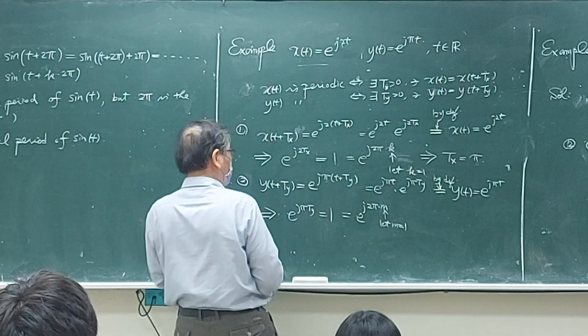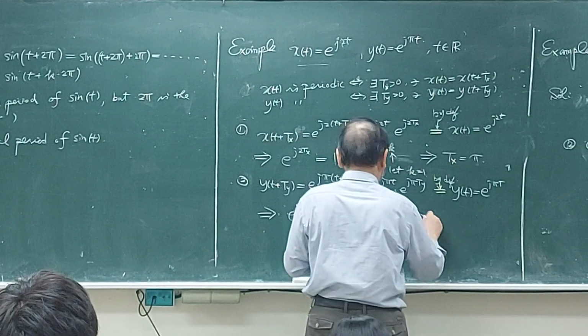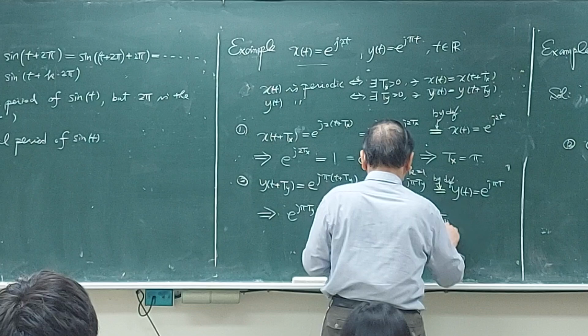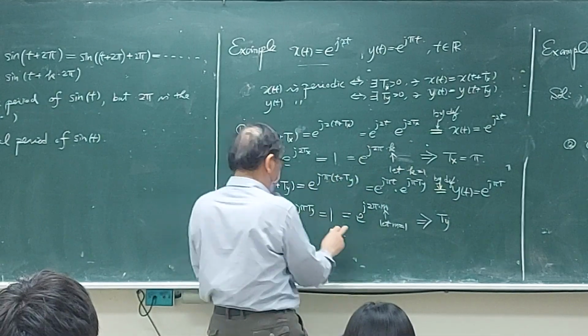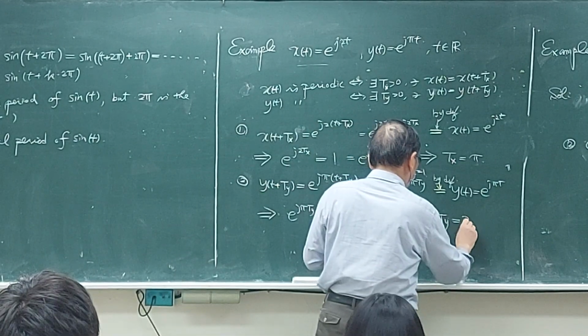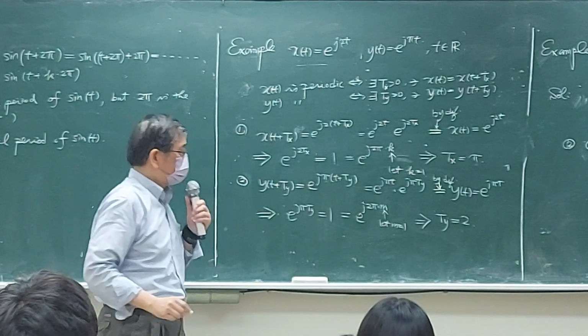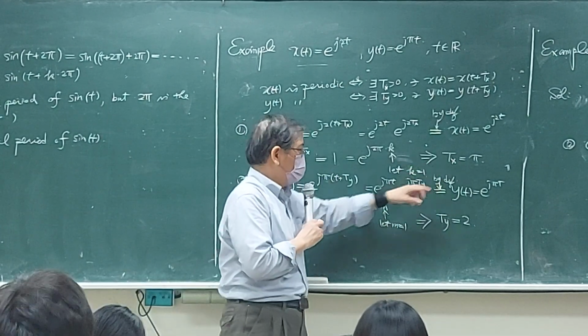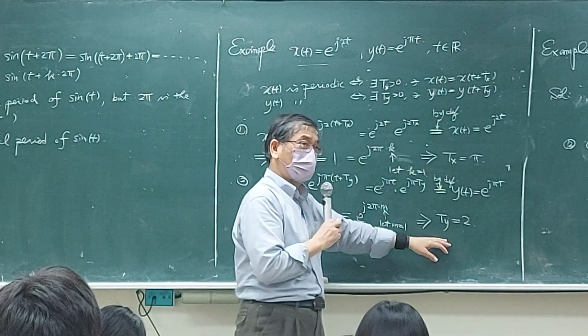Okay? So T_y is equal to 2. So the fundamental period for x of t is pi. The fundamental period for y of t is 2.